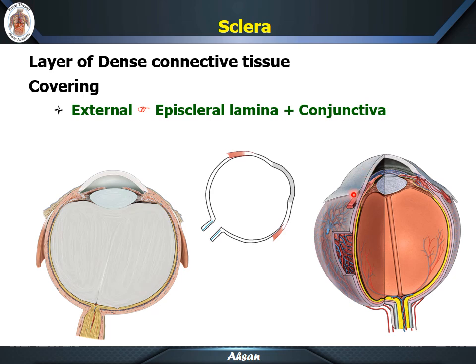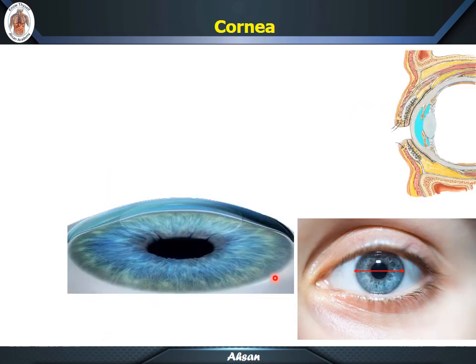This is inseparable over the cornea. And internal to this is the suprachoroidal lamella, which remains intimately related to the outer surface of the choroid.